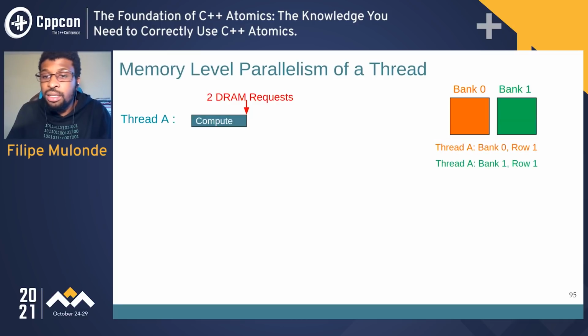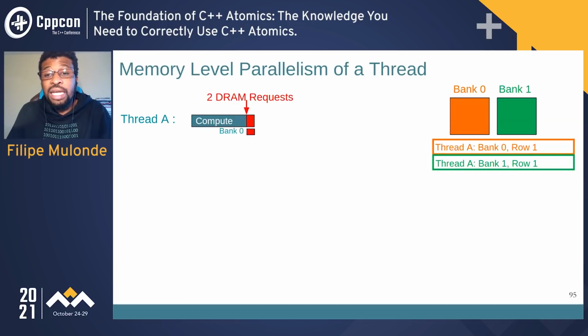But in this case, the 2 requests that the thread sent are going to different banks, so that's why these requests will be served in parallel. The first request is sent to memory, to bank 0. After that, the second request is also sent to memory, to bank 1. And because of that, we can process these requests in parallel.